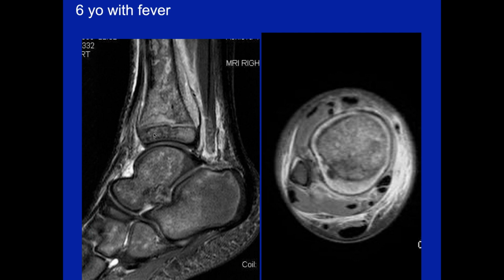Okay. Looks like there's a periosteal reaction along the posterior aspect of the tibia here. There could be a hematoma, or, given that there's so much soft tissue inflammation, and also a lot of marrow edema and irregular signal throughout the tibia, it could just be a subperiosteal abscess.